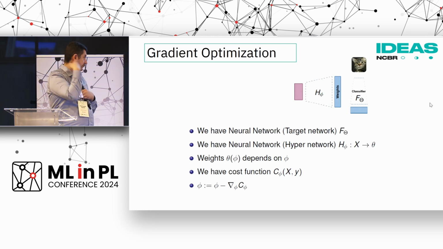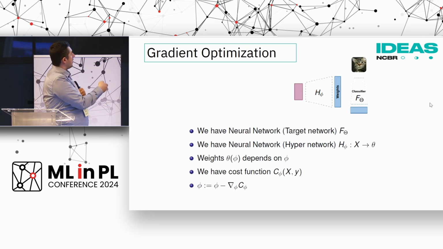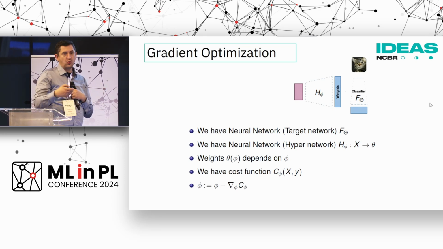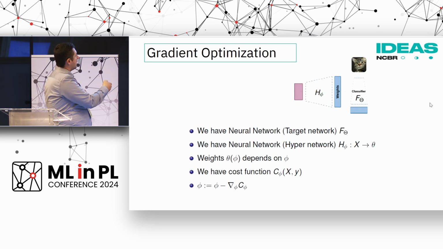We have a lot of data and produce a lot of small steps. And here, when you change the hypernetwork weights a little bit, you can change the weights of the target network completely. Because we have a lot of layers and neurons, so when we optimize the parameters of the hypernetwork by gradient descent, the parameters of the target network can change completely.